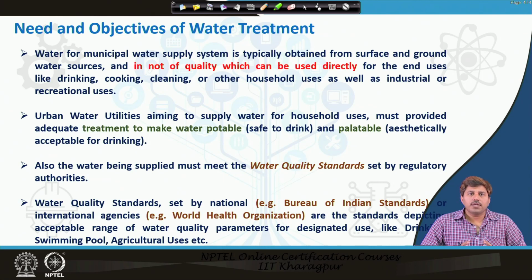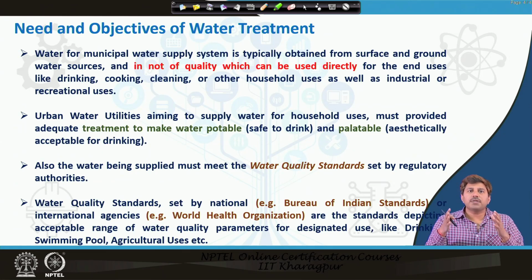Now, if we see the very basic objective of water treatment, water for municipal water supply systems is typically obtained from the surface or groundwater sources. Neither surface water nor groundwater is of a quality which can be used directly.